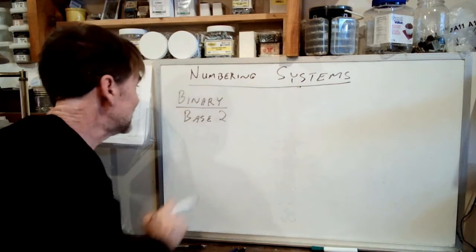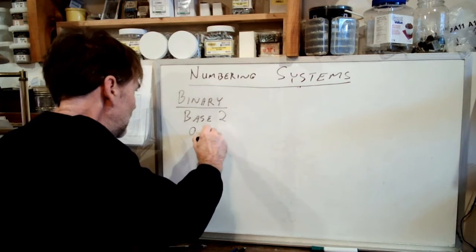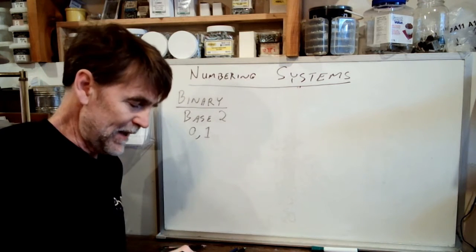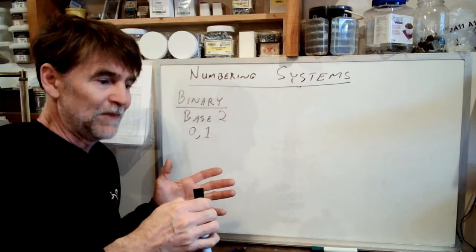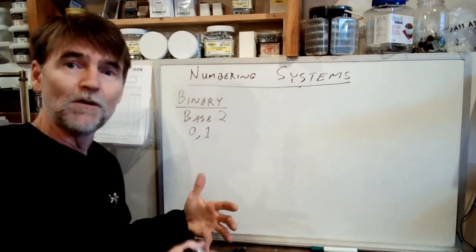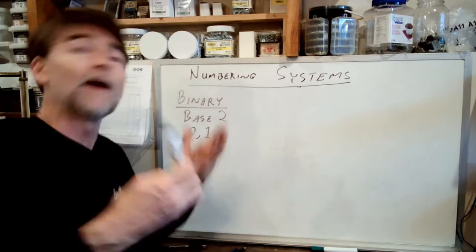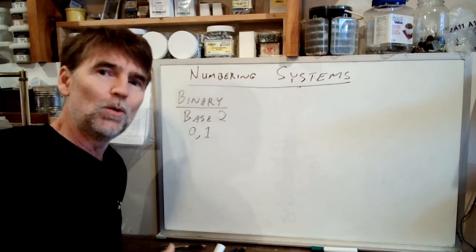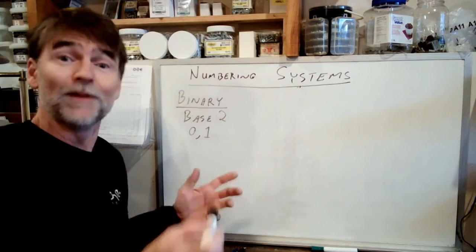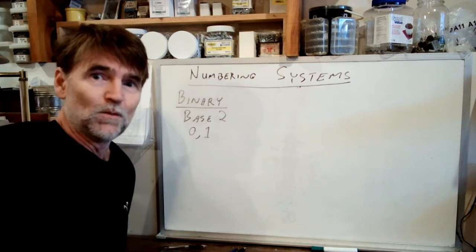And how many unique digits do we have? 2. What are they? They are 0 and 1. The only thing a computer understands is a state, a condition. 0, 1. True or false, yes or no, high or low, hot or cold, up or down, left or right. That's the only thing that a computer knows. It knows a lot of them, but it really comes down to just zeros and ones.